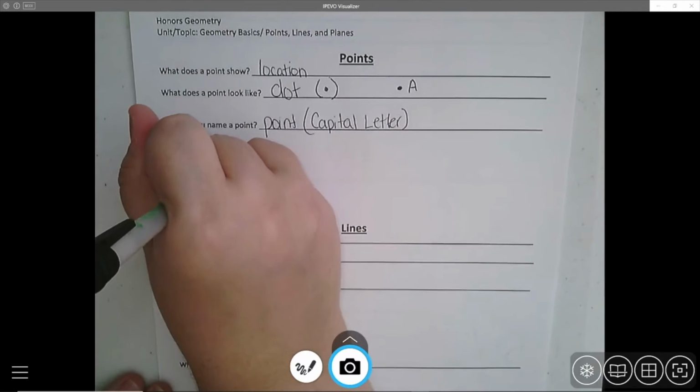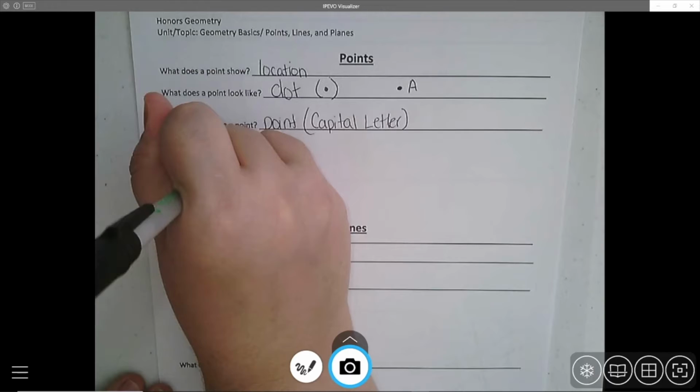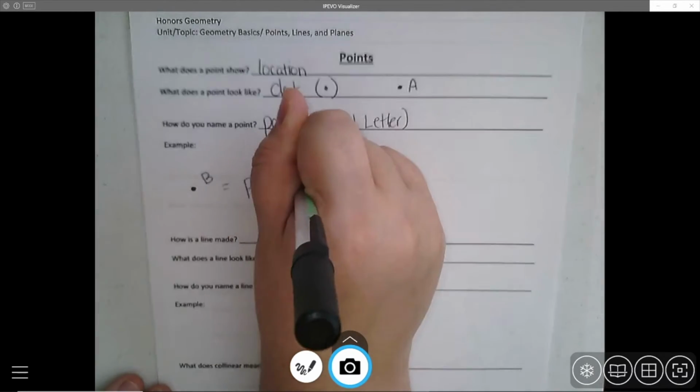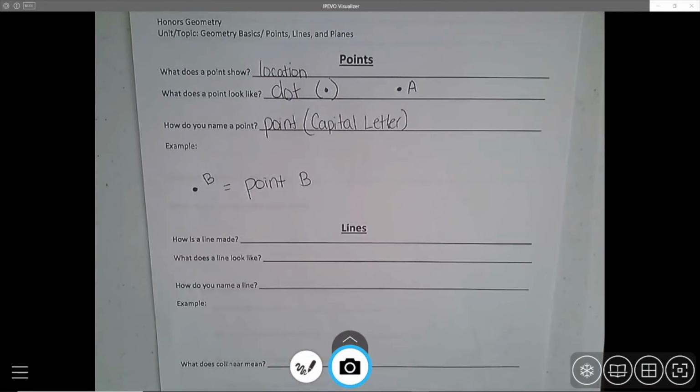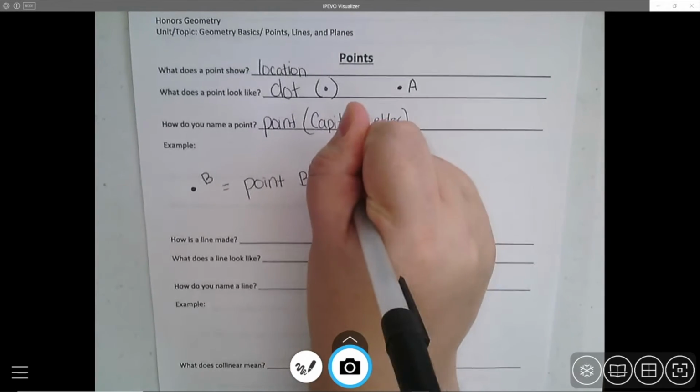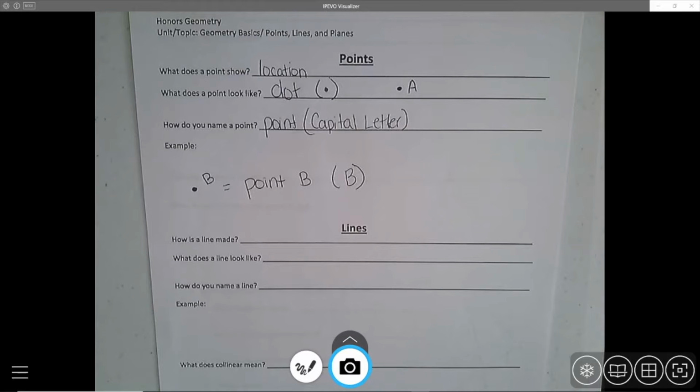So, for example, if I have a dot with a capital B, I'm going to name it and say that this is point B. Sometimes you will see it just by a capital letter by itself. Sometimes they will just say B. That's, again, an acceptable way. You just have to remember that capital letters only go with points.